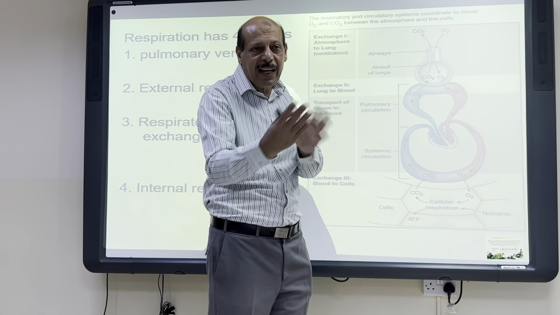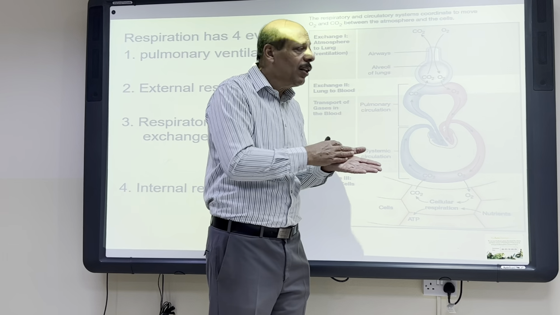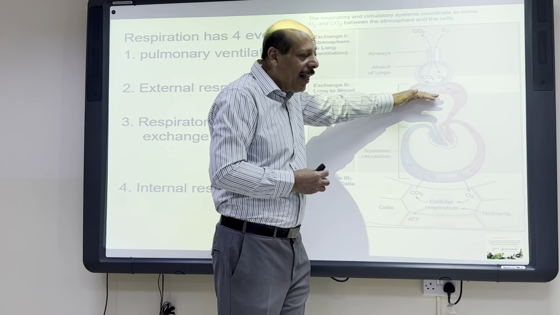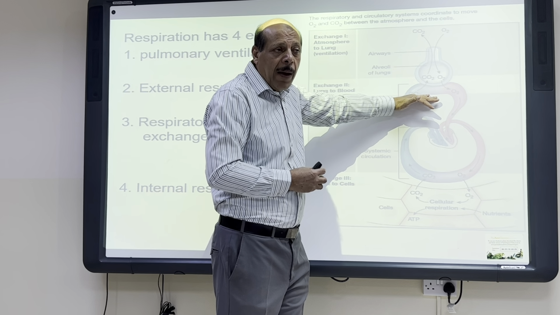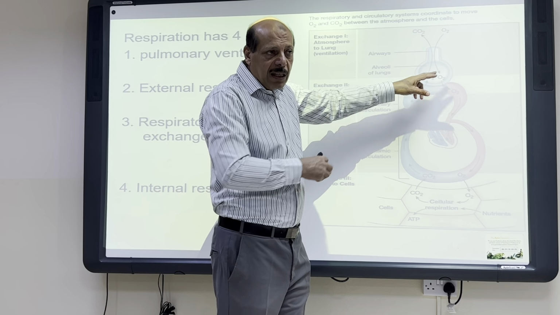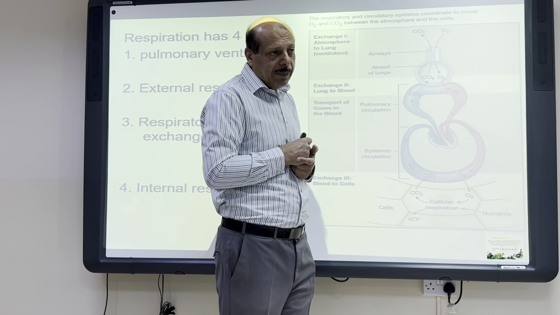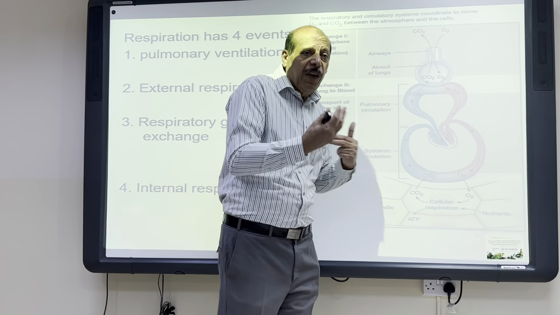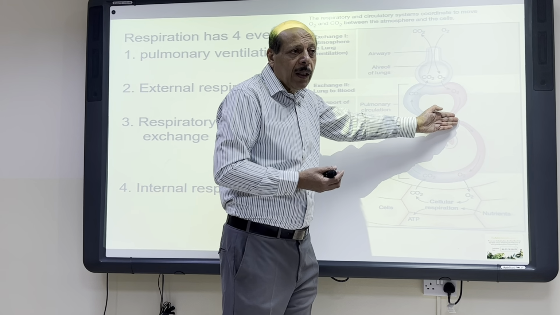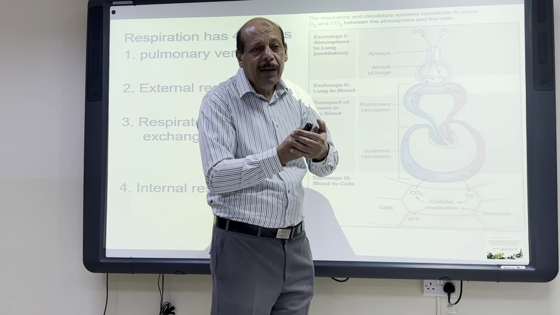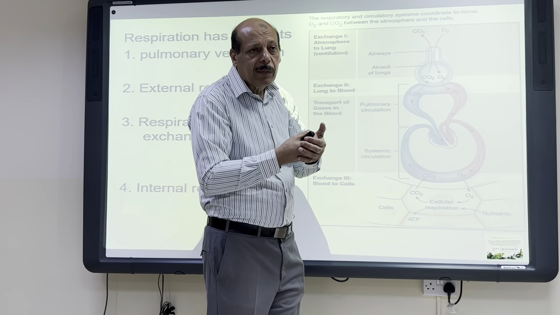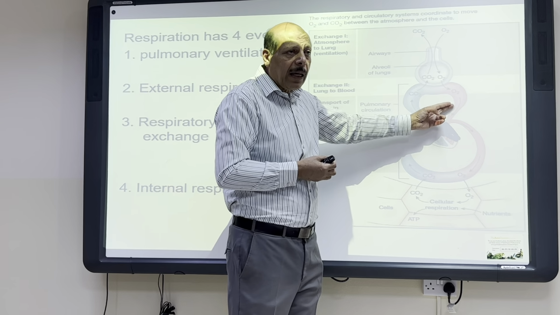So there is a difference in the concentration of oxygen between the air in the alveoli and the capillaries around the alveoli. Due to that difference, the oxygen will diffuse to the blood and it will be carried by the hemoglobin.